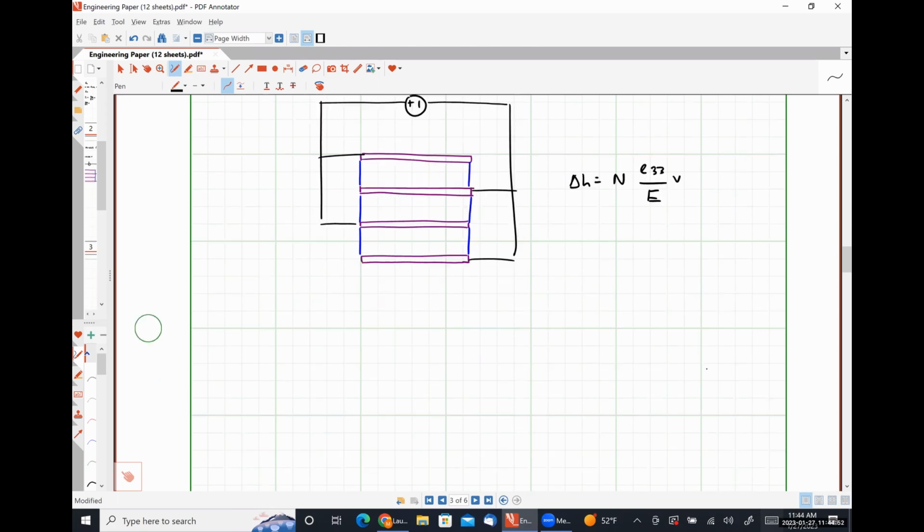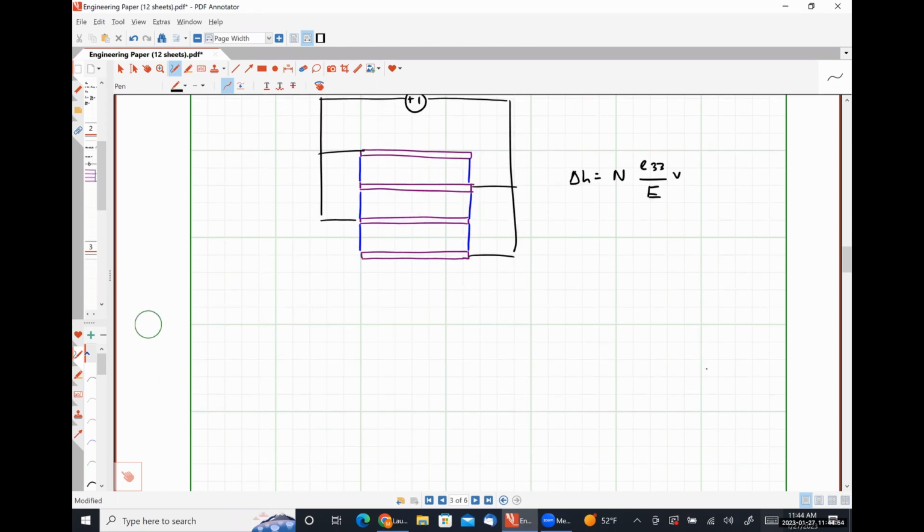Okay, so Hooke's law, F is equal to kx, right? We have a material undergoing extension. What's our spring constant? Young's modulus times the area divided by the distance in the direction of stretching, right?